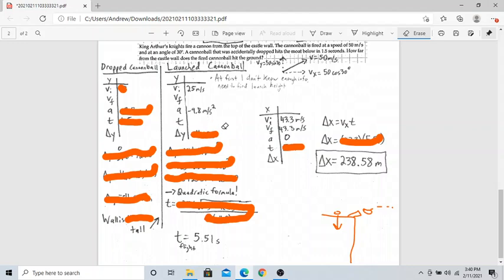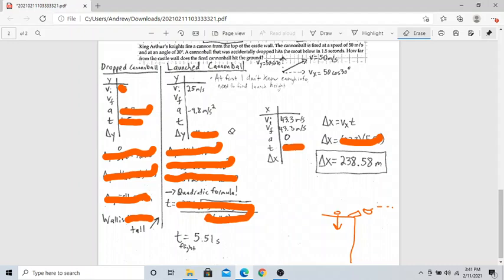In your chart, you will notice there's no information in this question that says what the delta Y, the change in Y position of the cannonball, is. Nothing actually tells us how high the castle wall is. Now, that's a bit of a problem because we're stuck. We don't have enough information to solve this problem based off of what we're told about the launched cannonball.